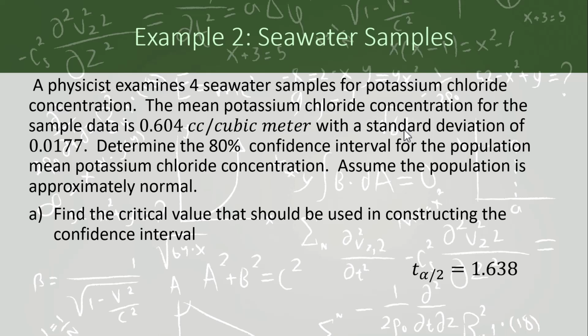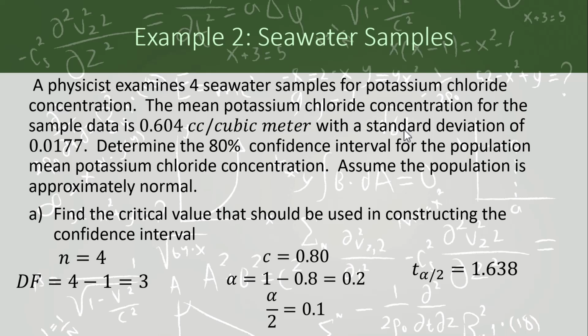Okay, so to find the critical value, first we need to figure out what alpha over 2 is. Well, if c is 0.8, then the area in both of the tails is going to be 0.2. The area in exactly one of the tails is going to be 0.1. Since we have 4 samples, our degrees of freedom is going to be equal to 3. So now we can use our tables to figure out what that is.